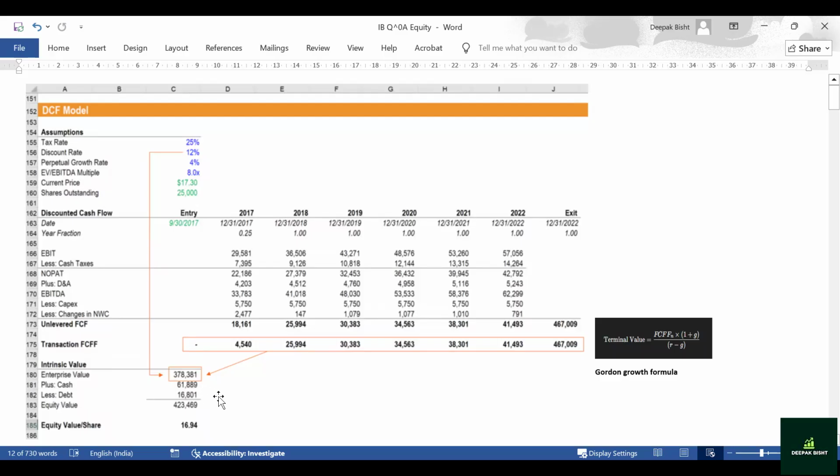Once you get the enterprise value, you add back cash and you subtract debt, and you also subtract other debt-like items like preferred stock and non-controlling interest to get the equity value. Then, we have not discussed circular calculations, so after this, we take them in.